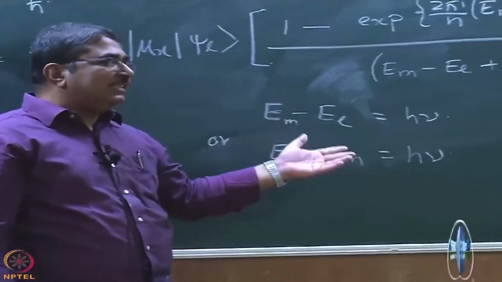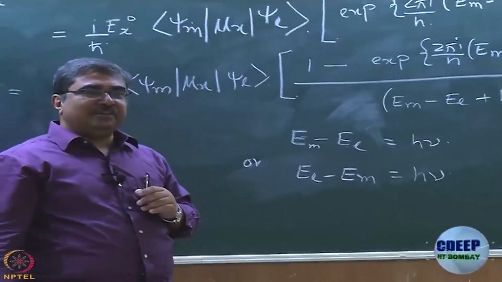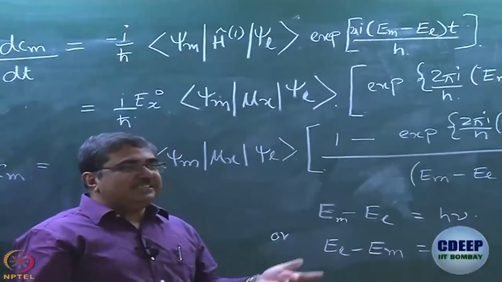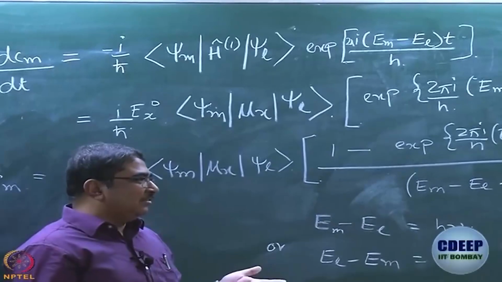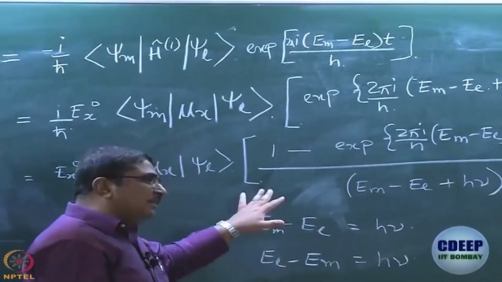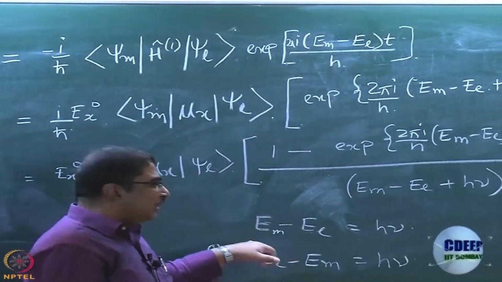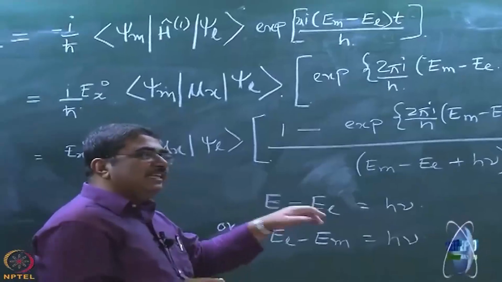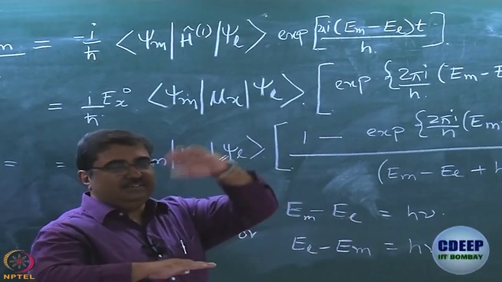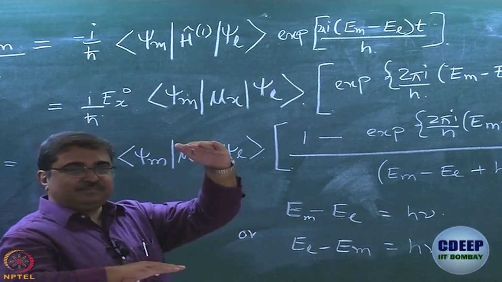H nu, is that positive or negative? Frequency is always positive, h is a universal constant, that is also positive. So, the right hand side is always positive. That means the left hand side has to be positive. So, what does the first one mean? Em minus El is positive, that means El is smaller than Em.